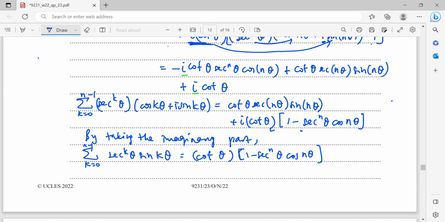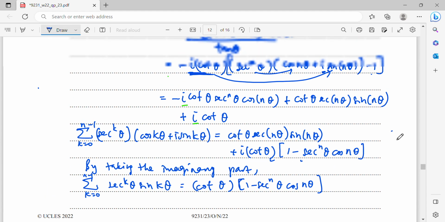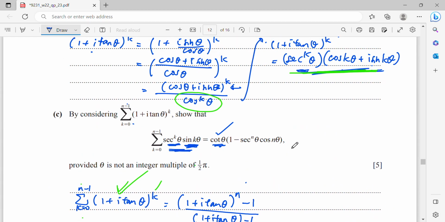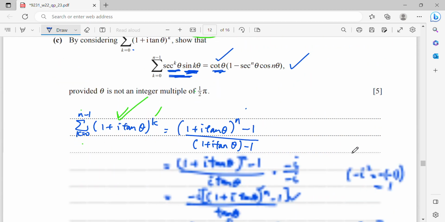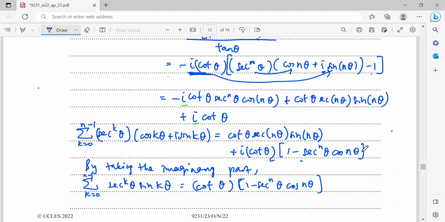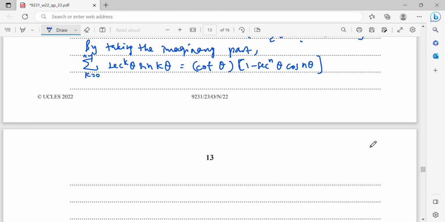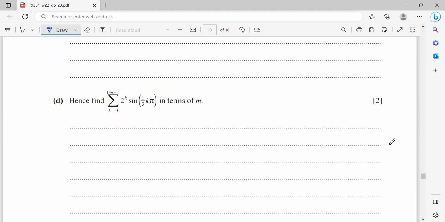All right, so this is how we prove the expression. Okay, so now hence means use the previous answer, find this sum. Okay, so I will rewrite the previous summation.